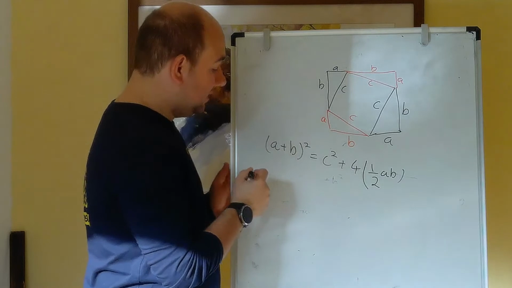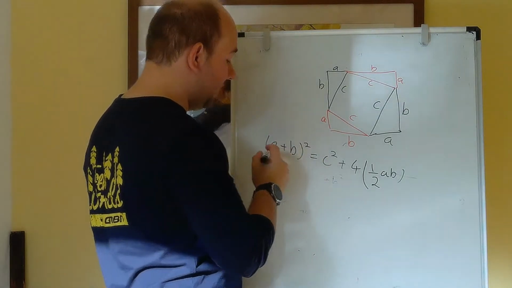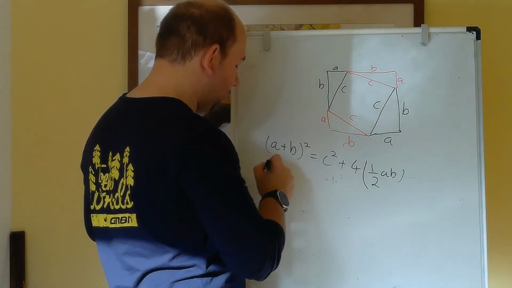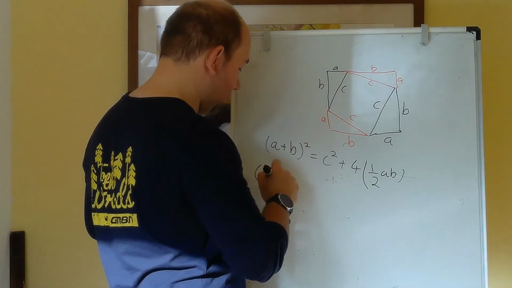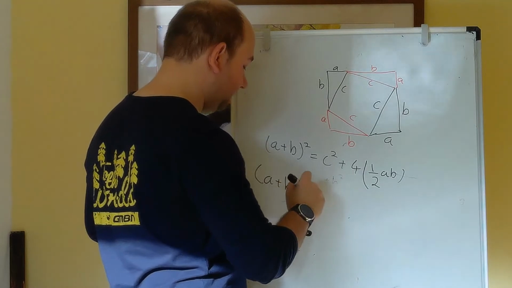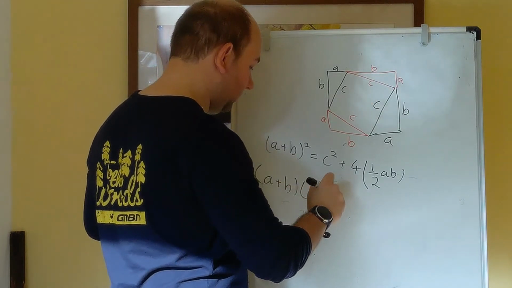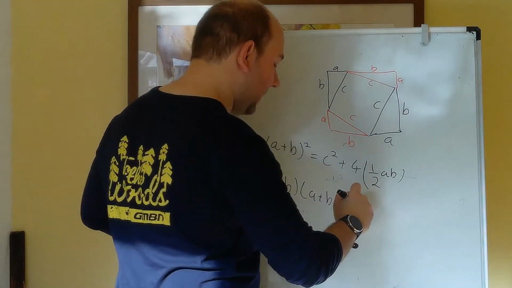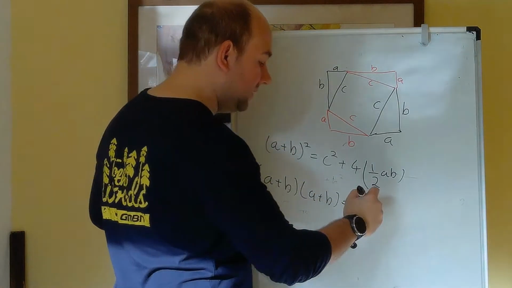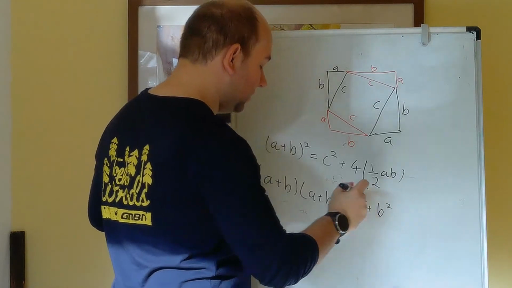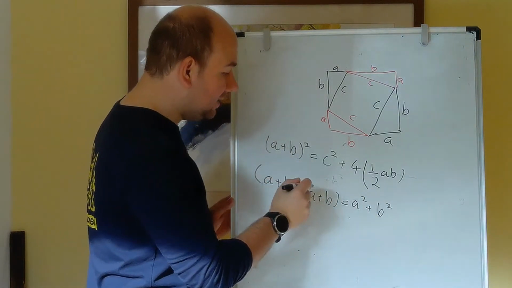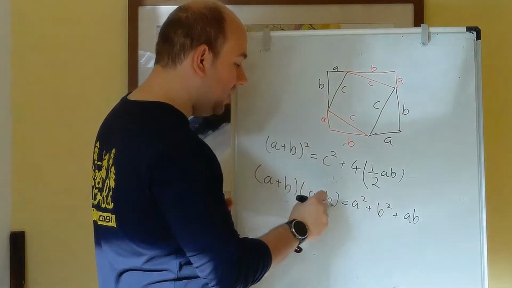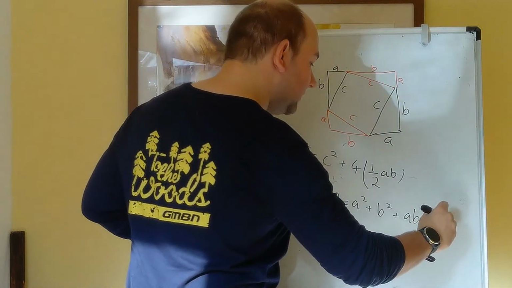We can now expand this bracket. So when we expand this bracket, we have an A times an A, which I shall do like this so you can see it. So we have A times A, which is A squared, B times B, which is plus B squared, A times B plus B times A, which is the same as AB.